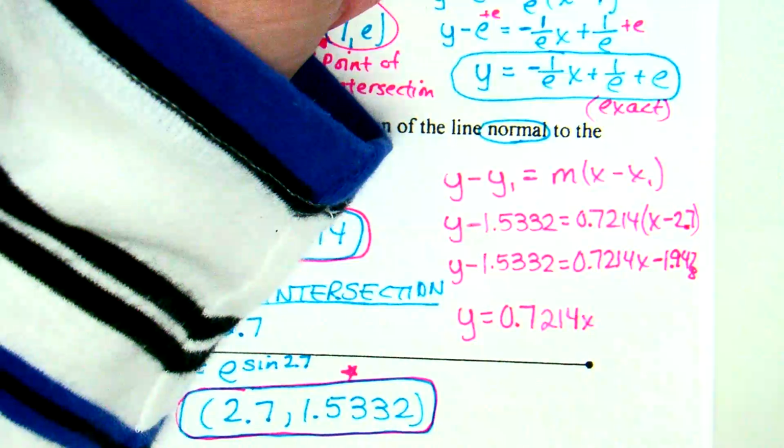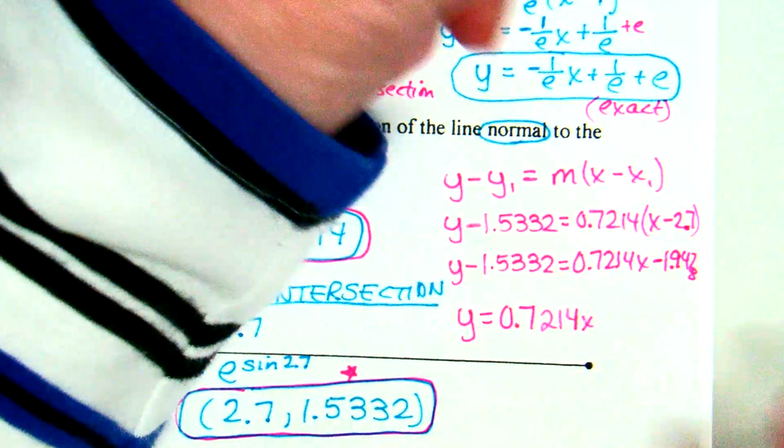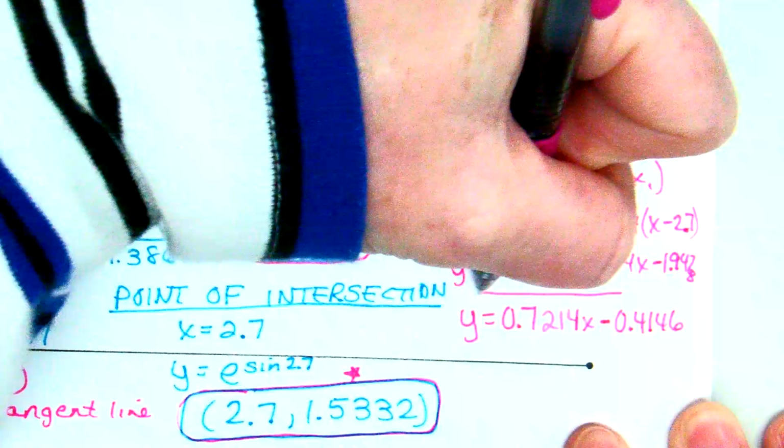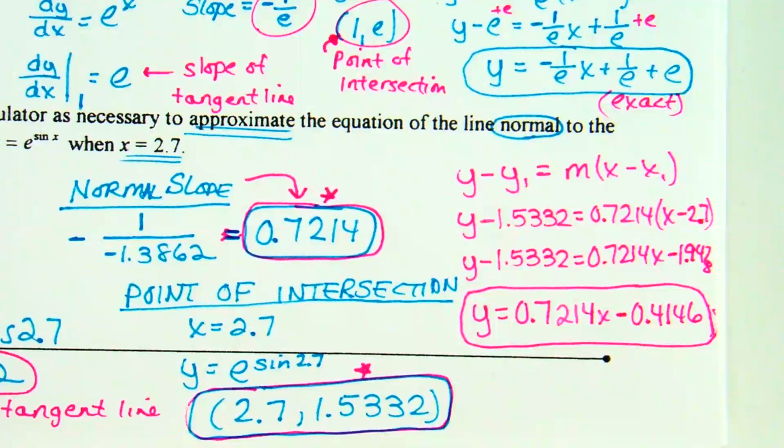Something's not right. I got minus 0.4146 as my rounded answer. Minor detail, right? I know, it made me double check myself. I'm like, oh crud, we didn't get the same answer. Why not? Again, those are using those algebra skills, right?